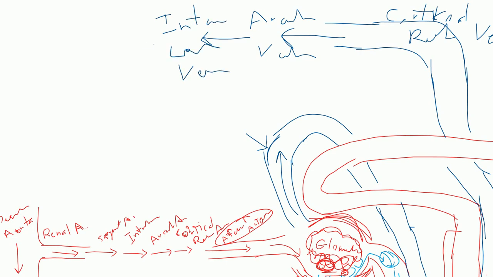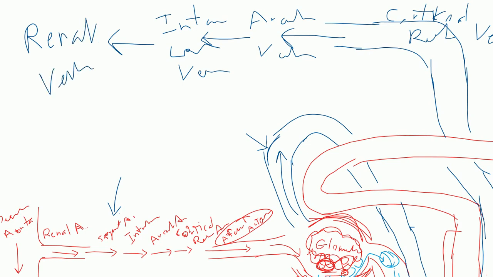And as it becomes the interlobar vein, it will skip the segmental step. We do not have a segmental vein, so we're going to skip that, unlike the artery, where we have the segmental artery. We do not have the segmental vein. It will continue as your renal vein.